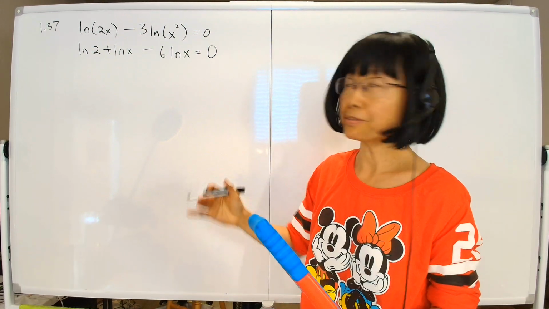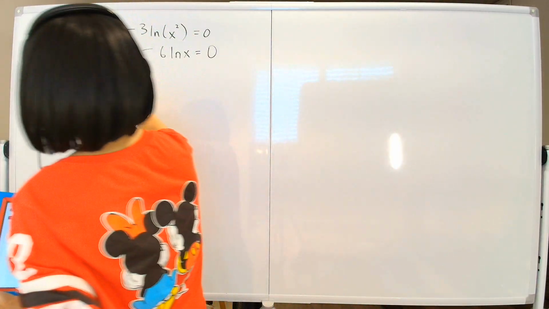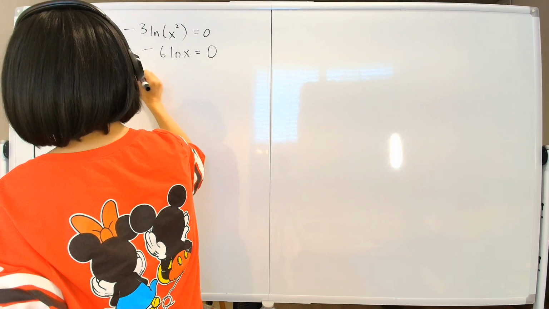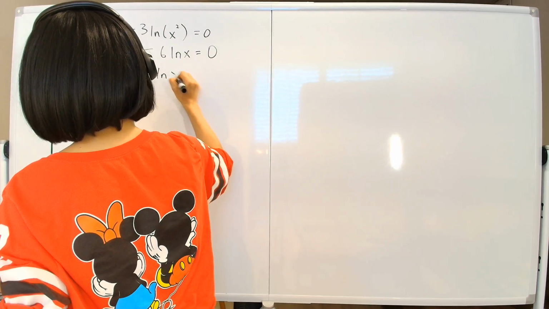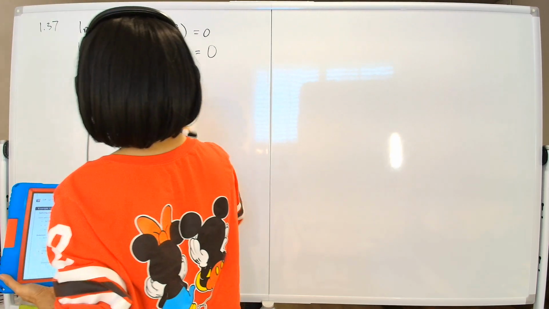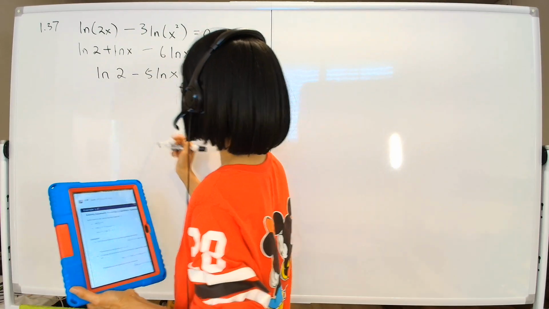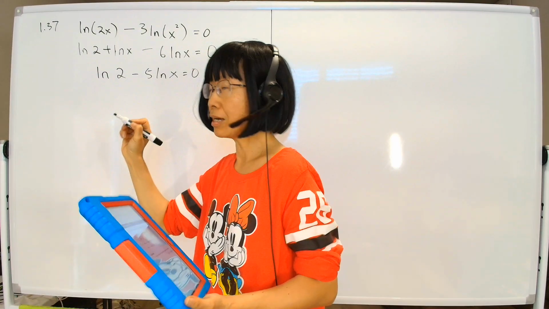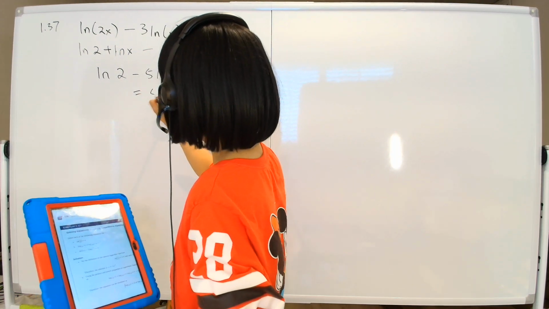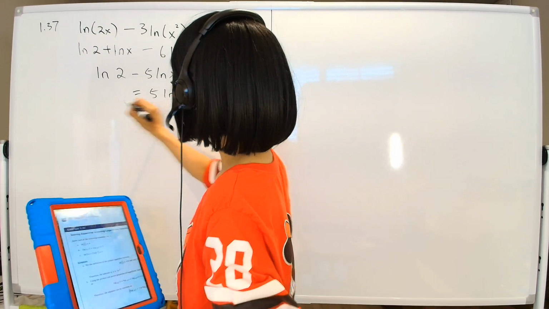If you apply some of the rules, you get ln 2 minus 5 ln x equal to 0, because plus 1 minus 6 is 5. And then you do the algebra now. Again, 5 ln x equal to ln 2.